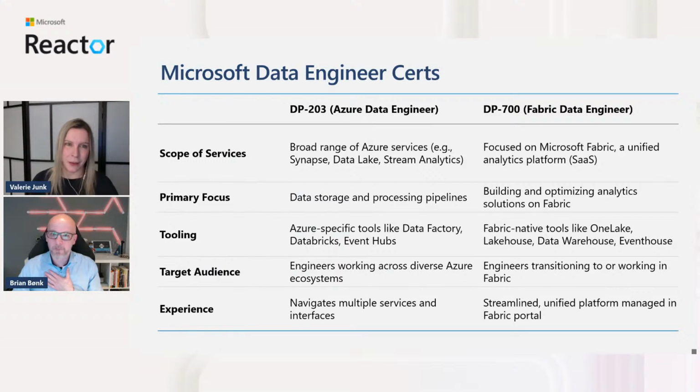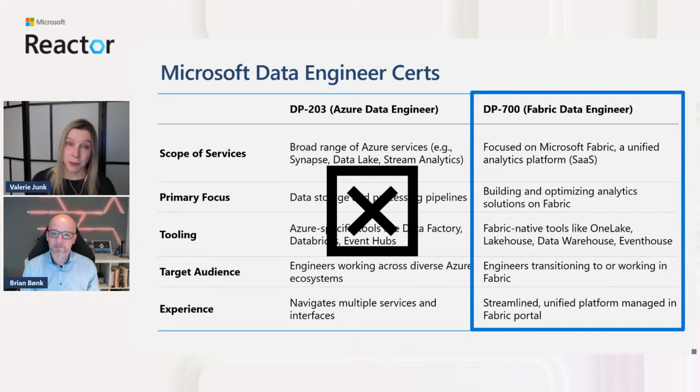If you wonder, there was a data engineering certificate. Yes, there was DP-203, the Azure Data Engineer, which will retire at the end of March. That's perfect timing, because now you still have this voucher for a 50% discount to get the DP-700. Microsoft will go forward with DP-700, focusing on Fabric.